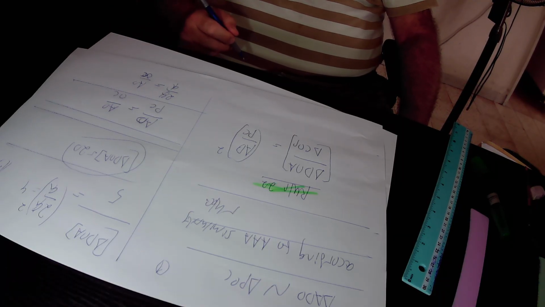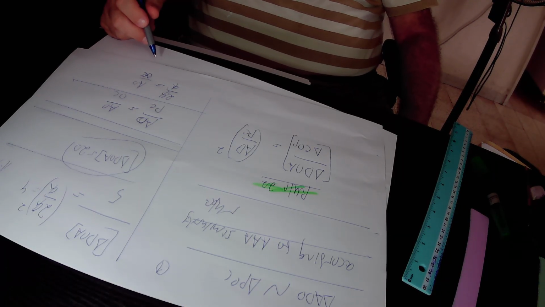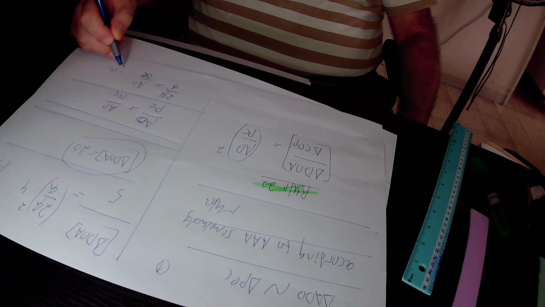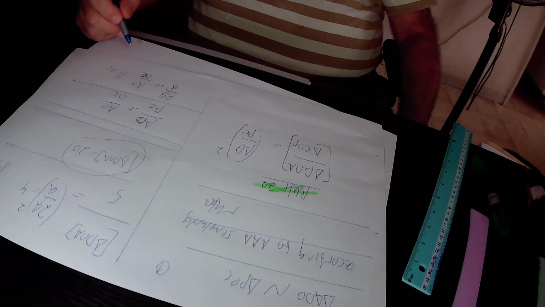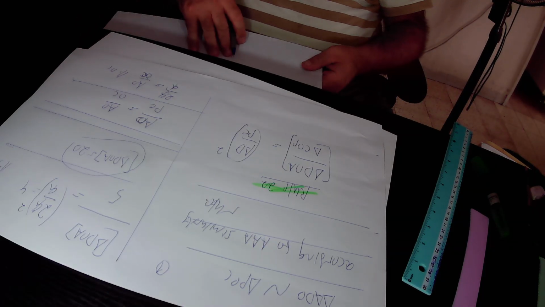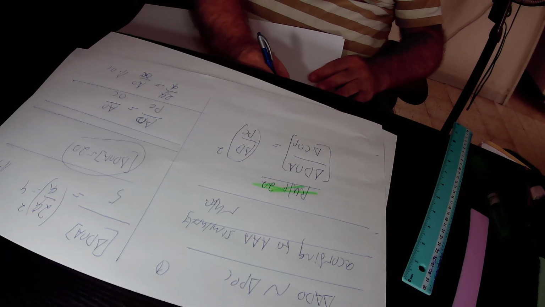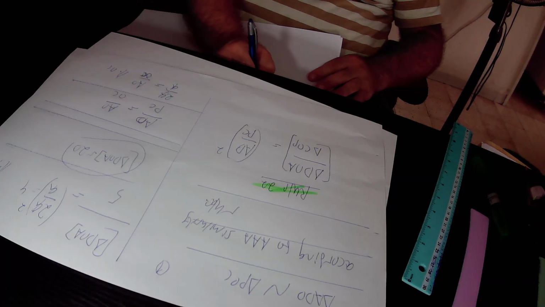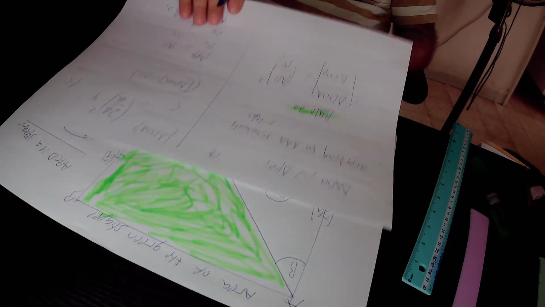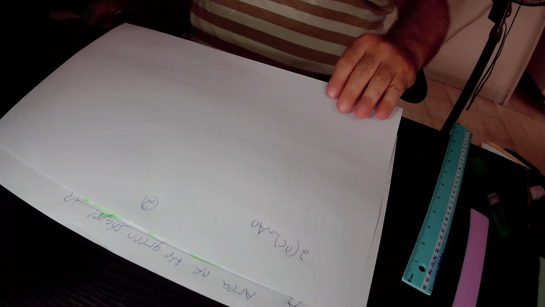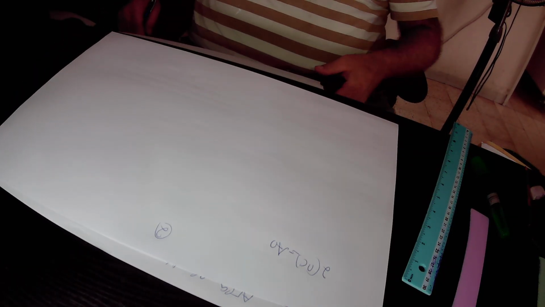So we found out that 2 equals AO over OC. Here we multiply this equation by OC, and we get that 2 times OC equals AO.